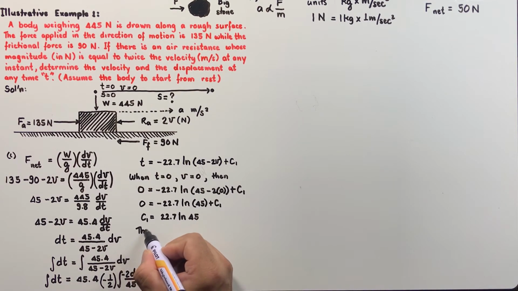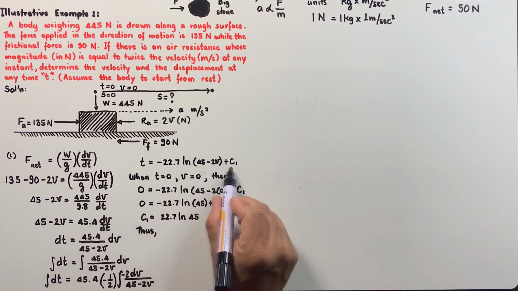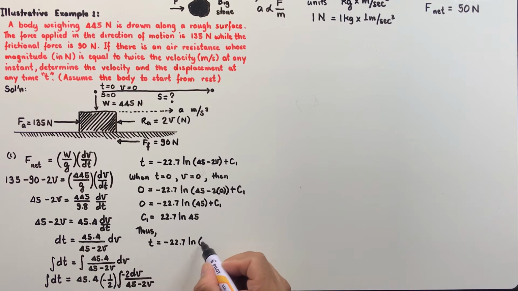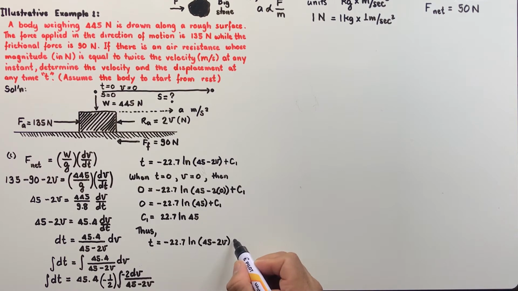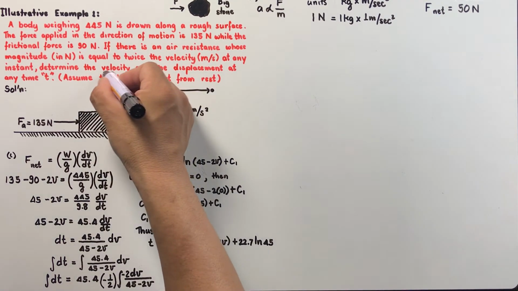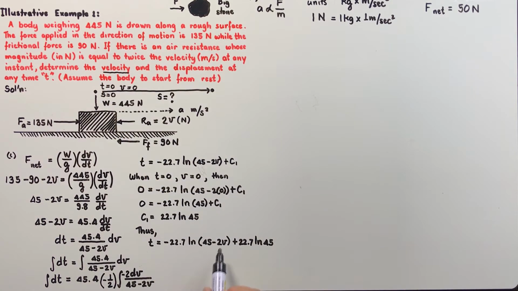Thus, our equation, which is this one, becomes t, which is equal to negative 22.7 times the natural log of 45 minus 2v plus the constant of integration, which is 22.7 times the natural log of 45. Now our goal here is to find the velocity, this one. So we need to isolate the term that contains the velocity at the right hand side of the equation.